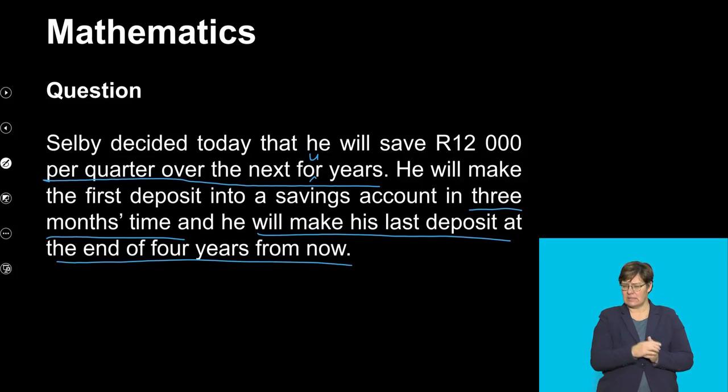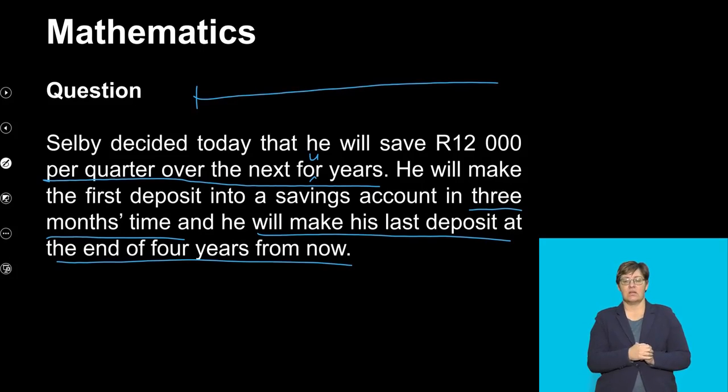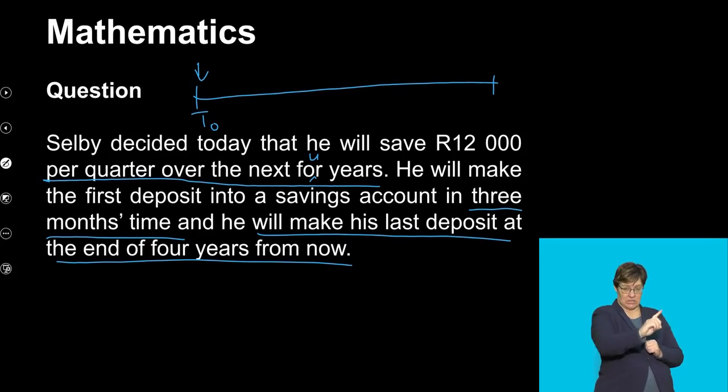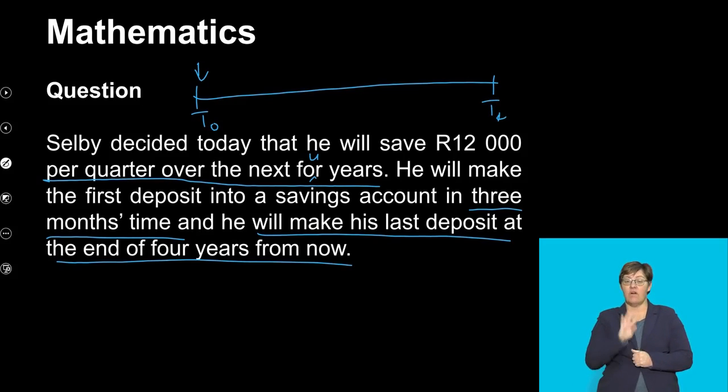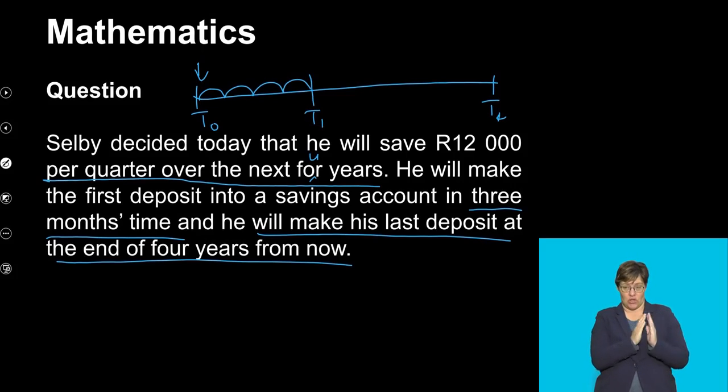What this simply means is, if I consider this as a 4-year period, this is T0, when he starts. It goes up until the 4 years, but the 4 years is divided into quarters, so this will be T1, the end of the first year.